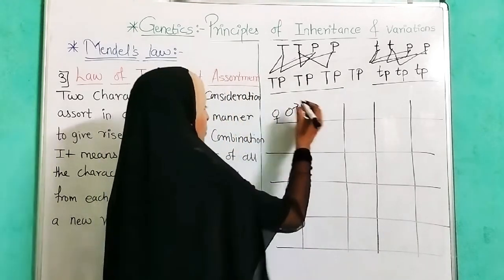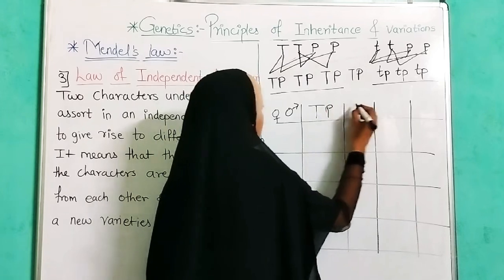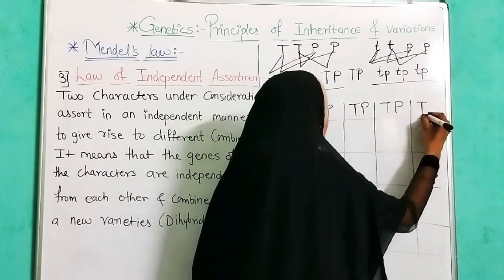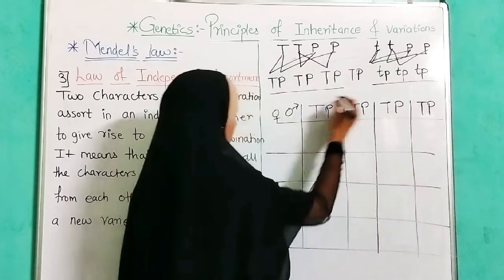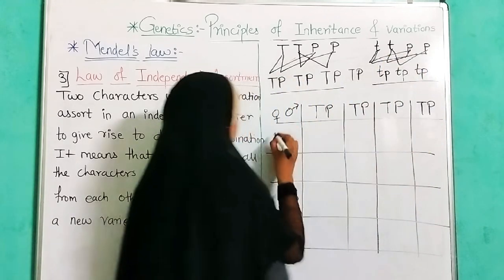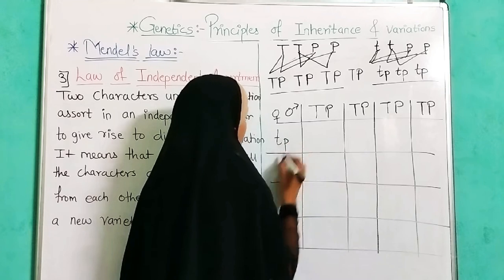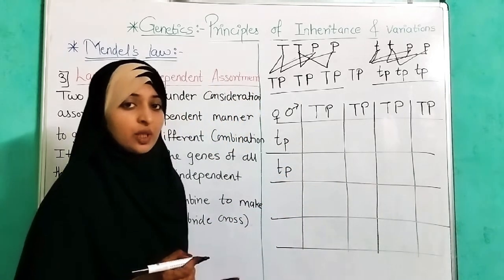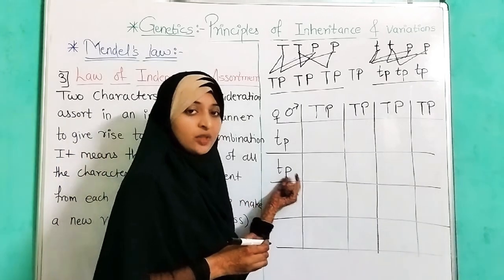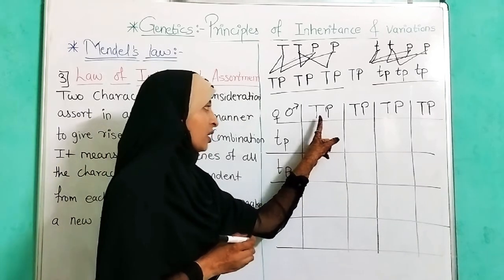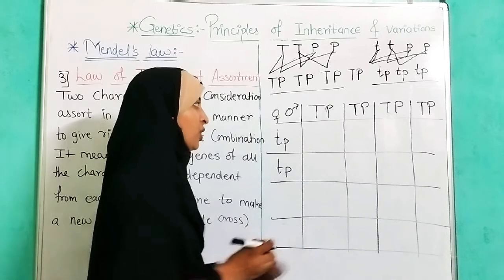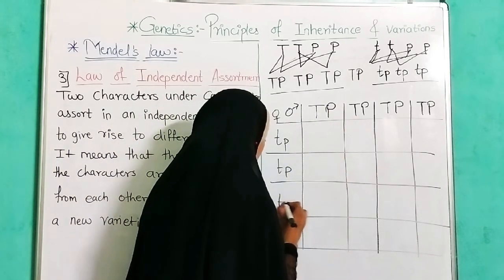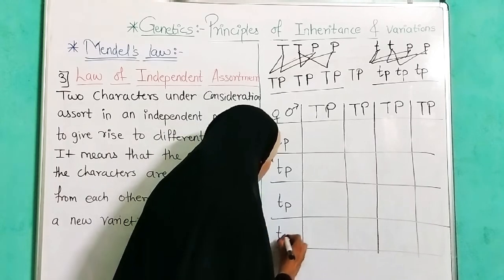Suppose capital T, capital P, capital T, capital P, capital T, capital P, and here capital T, capital P. Here we are going to write small t, small p, small t, small p. Small t, small p means a dwarf plant with white flower, and capital T, capital P a tall plant with purple flower. So small t, small p, and we are going to cross it.